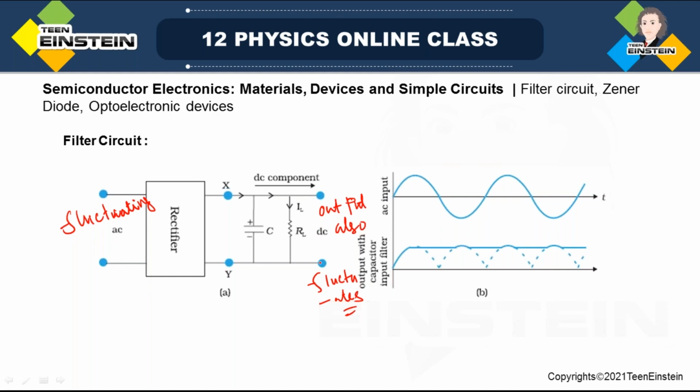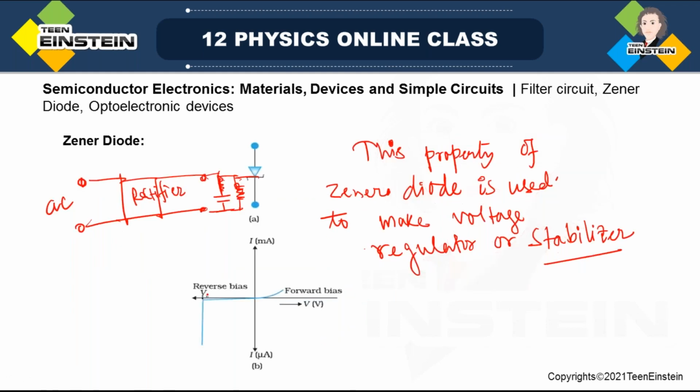So to make it stabilized, what we can use is a Zener diode in reverse bias condition, such that there will be a change in the current, but there will be no change in the voltage, and that particular voltage we will be using.